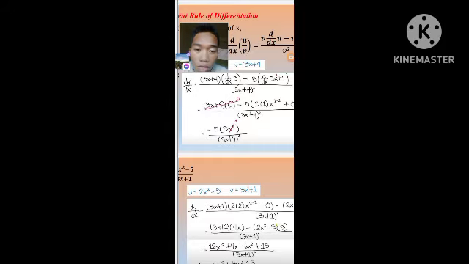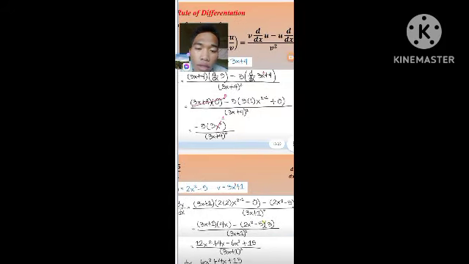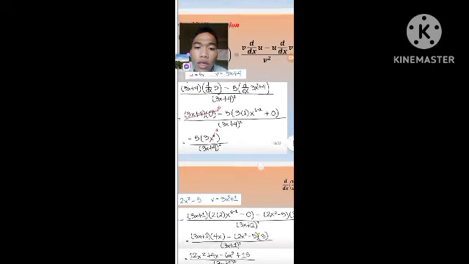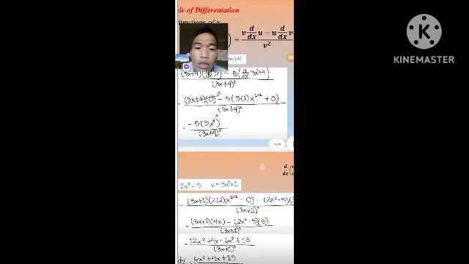So cancel out na siya. And then ang nabilin is minus 5 times 3 times 1, kay kung unsa ang n sa x, ikuha sa constant na number.